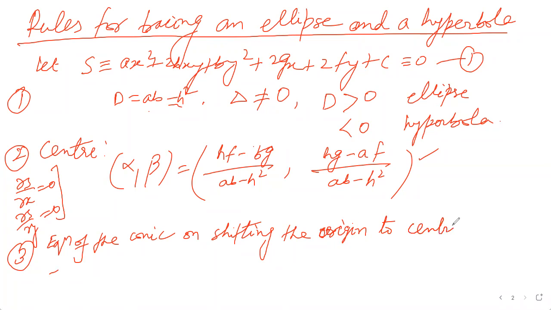This is the process how. ये जो आपके पास a alpha beta निकल आया है, suppose ये कुछ 1, -1 whatever, इसे shift कर देंगे हम origin के लिए. इससे क्या होगा? How to shift it? Suppose alpha beta is the center. Let alpha beta be the center.